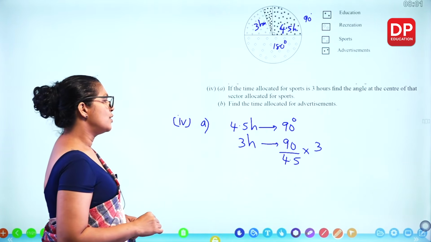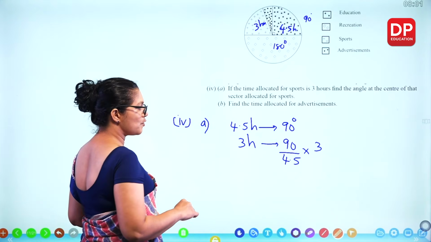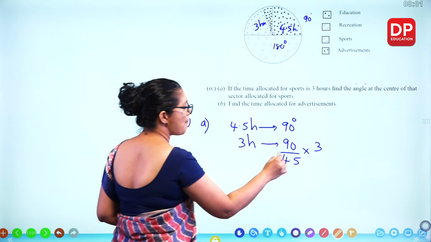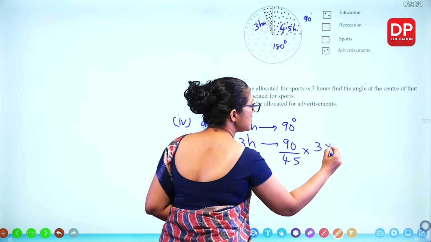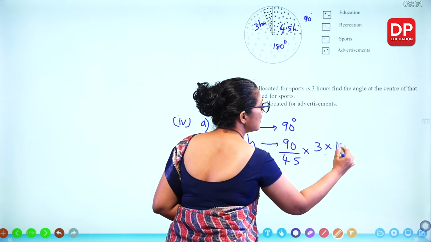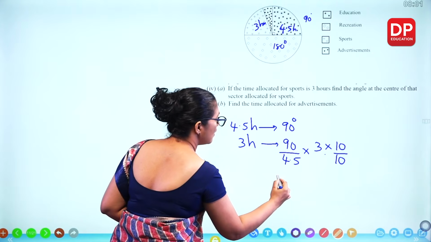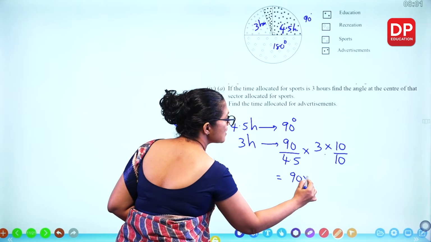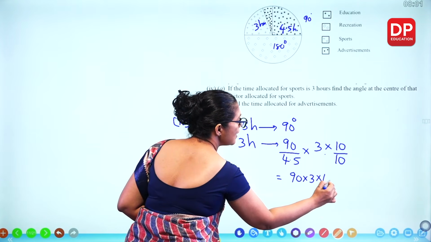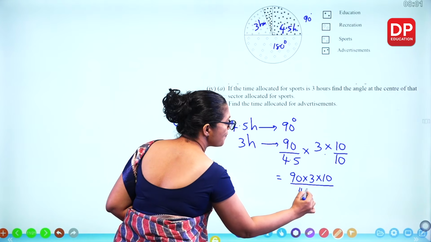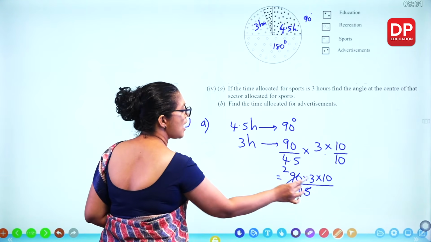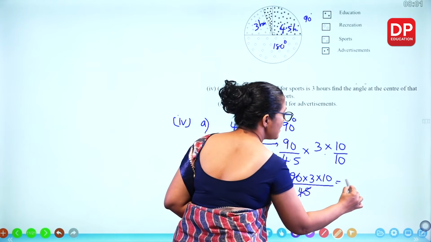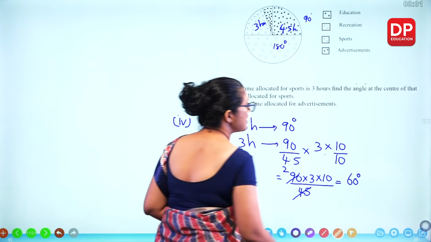Now try to simplify. So what do you get? I can multiply this by 10 and rewrite this as 90 times 3 times 10 over 45. I know 45 times 2 is 90. 2 times 3, 6. 6 times 10, 60 degrees.